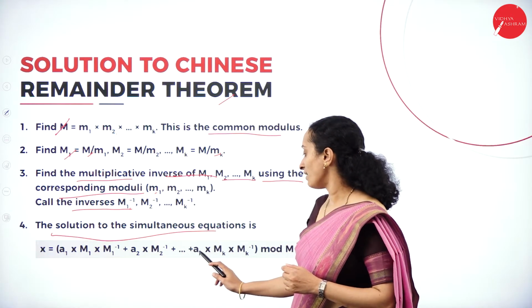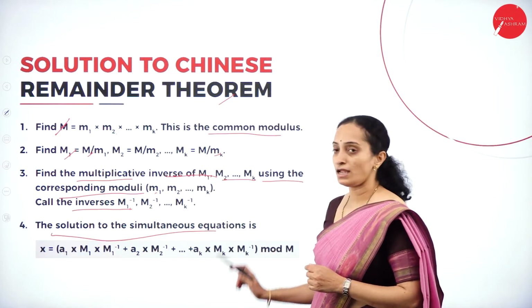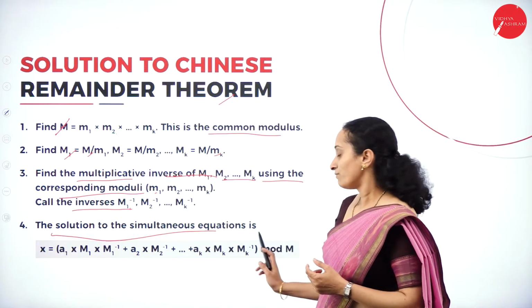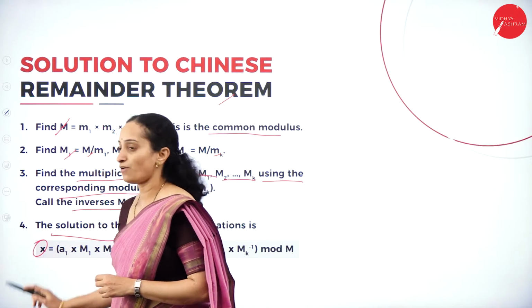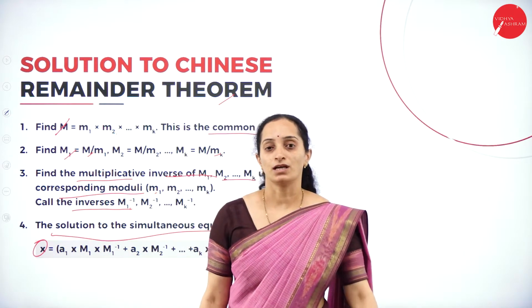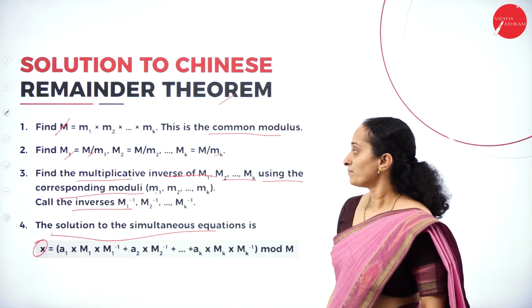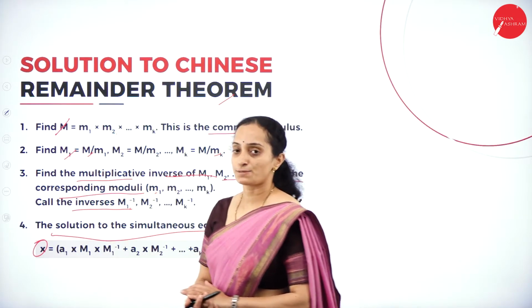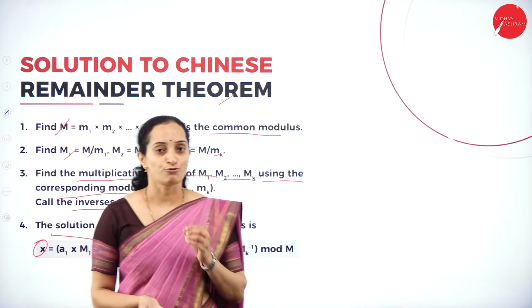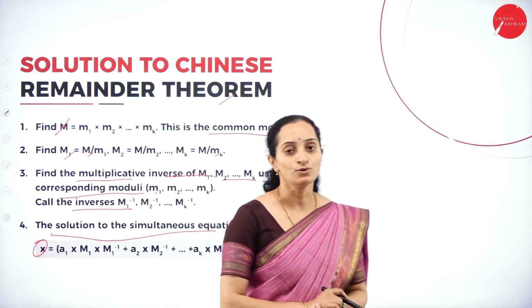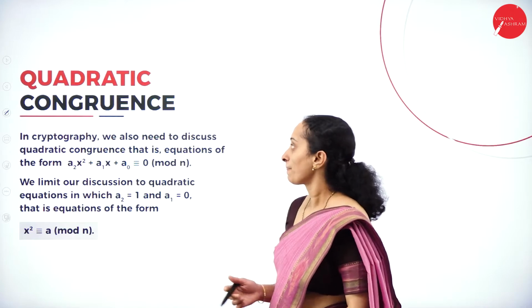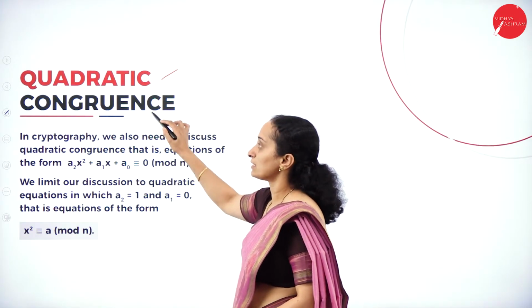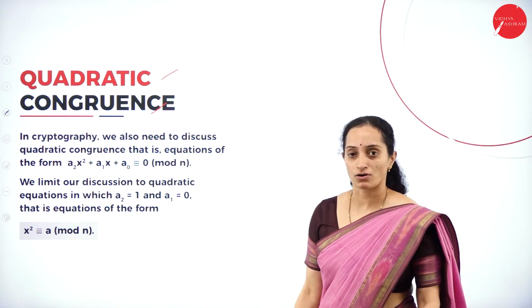In the last we have Ak into Mk into Mk inverse, with mod M gives you the x value. So here we have the expression that can be used to find out the x value using the Chinese remainder theorem.